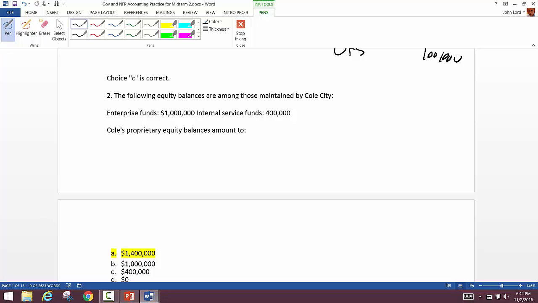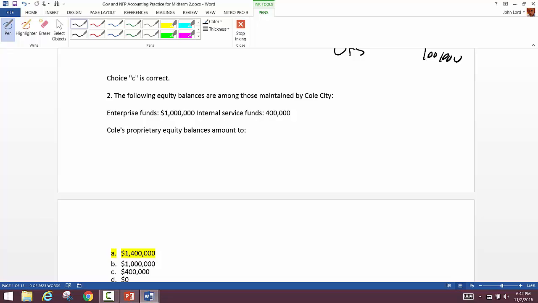Okay, all right, so we come over and we say that what? The following equity balances are among those maintained by Coal City, and they tell us that the enterprise fund has an equity net position of $1 million, and the internal service fund has a net position of $400,000.